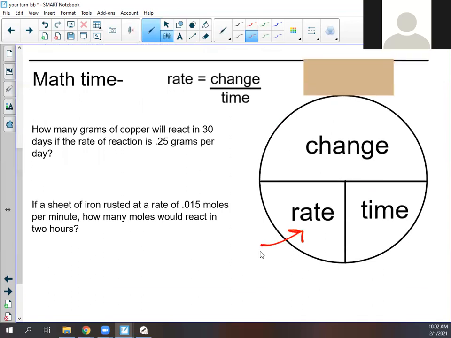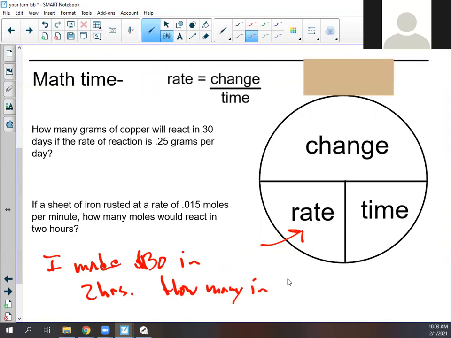Sometimes the problems will give you the rate as 2 separate numbers. So it will say, I made, I don't know, $30 in 2 hours. How many in 6 hours?